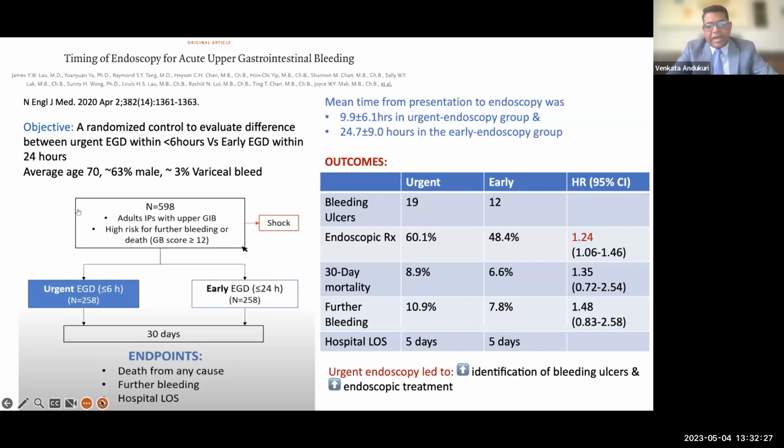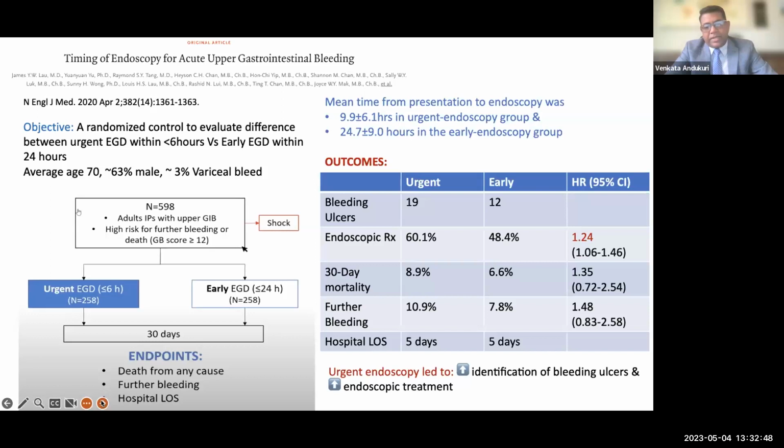But regardless, the outcomes: bleeding ulcers were actually seen more in the urgent group, 19%, and 12% in the early group.